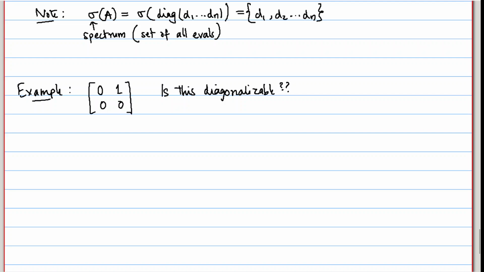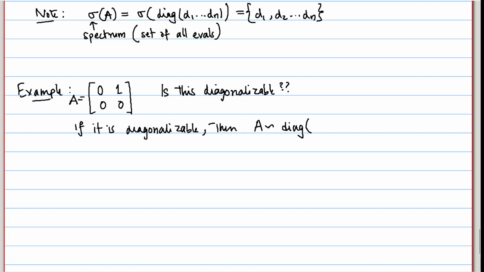If it is diagonalizable, then A will be similar to a diagonal matrix whose diagonal entries are the eigenvalues.